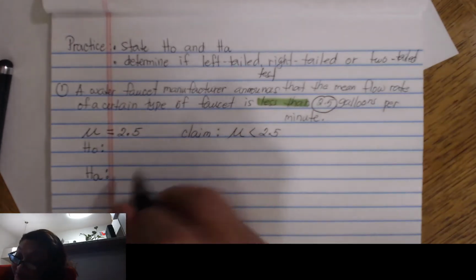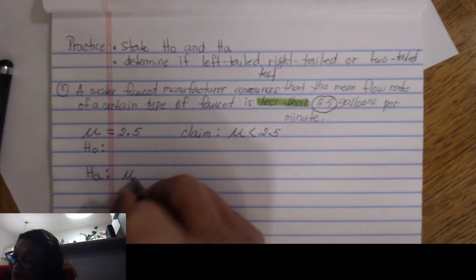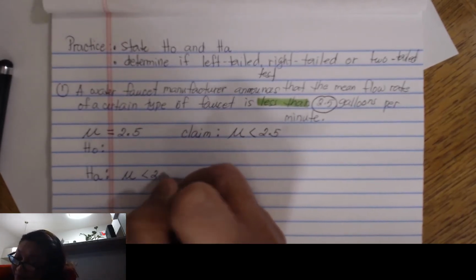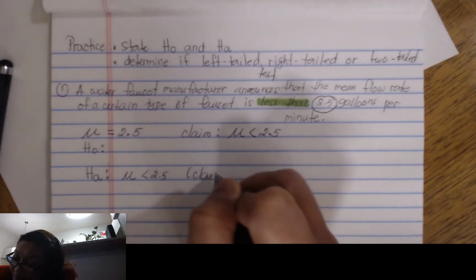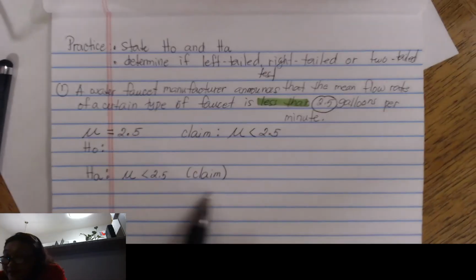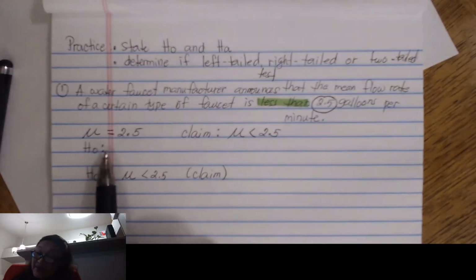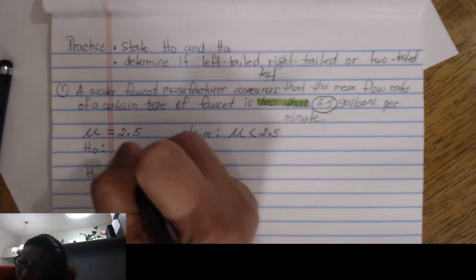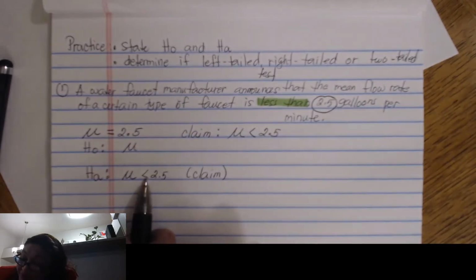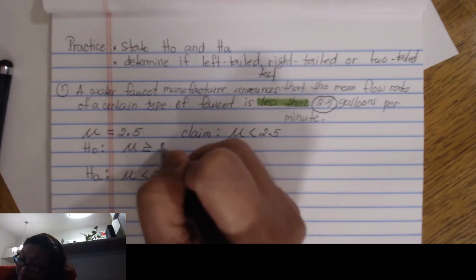Because it is a less than only, the claim is our alternative hypothesis. So we write that first, and because the null hypothesis is the complement, we take the opposite of this, flip it, and put an equal sign.